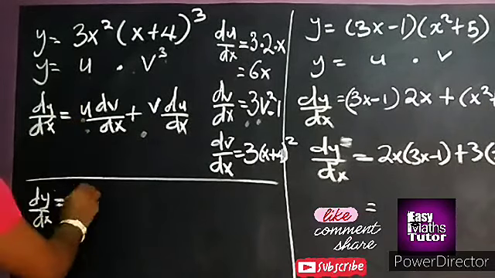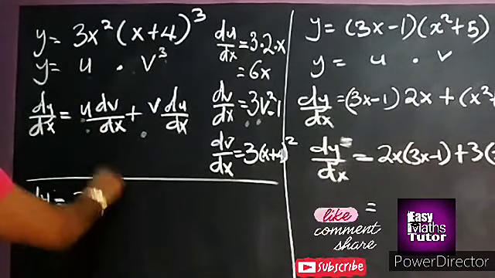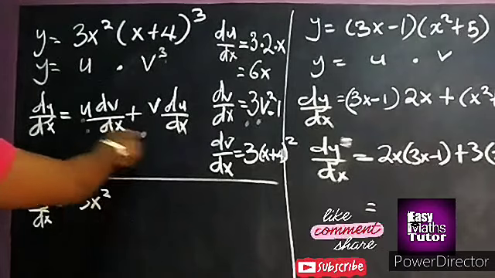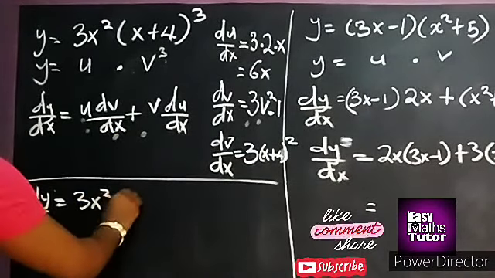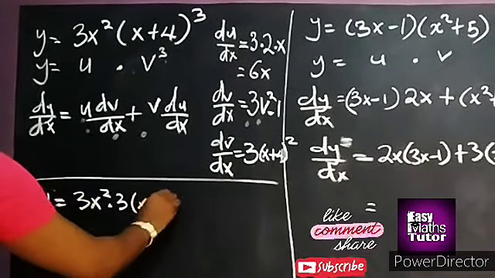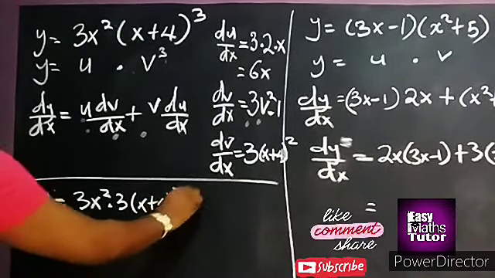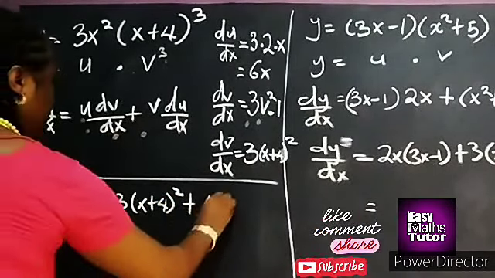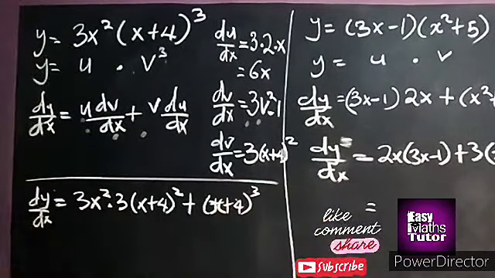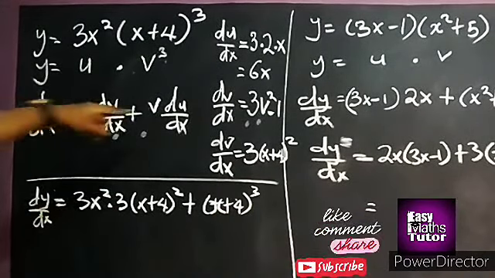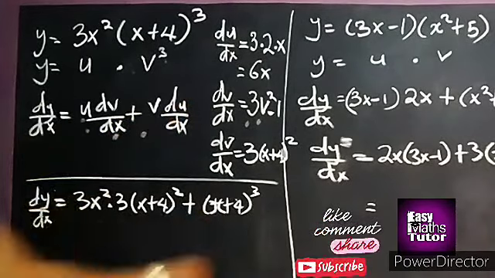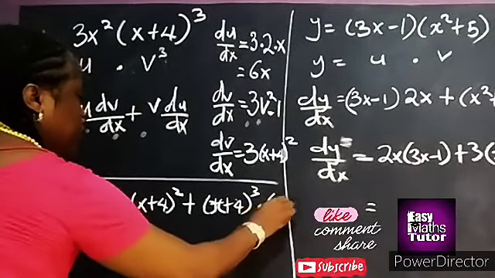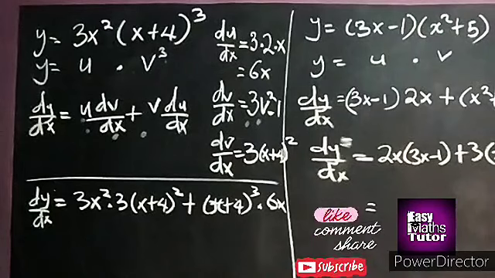So u gives us what? 3x squared. dv/dx is what? 3(x plus 4) squared. What is v? v is (x plus 4) raised to power 3 times the du/dx. The du/dx is 6x, and this is the derivative.